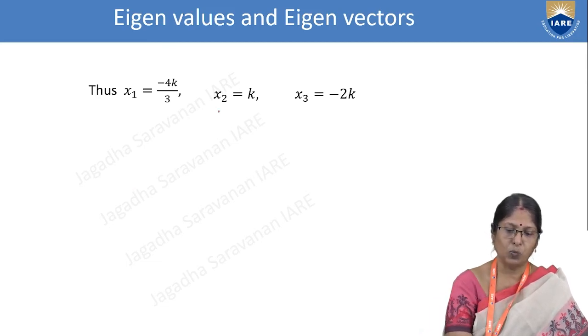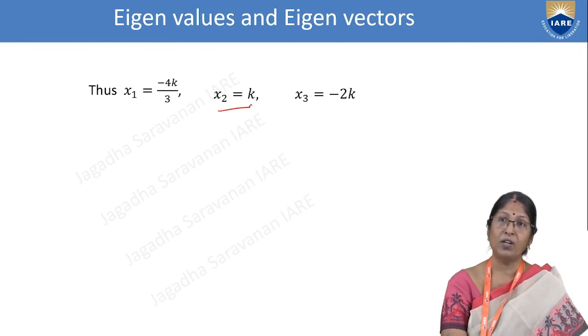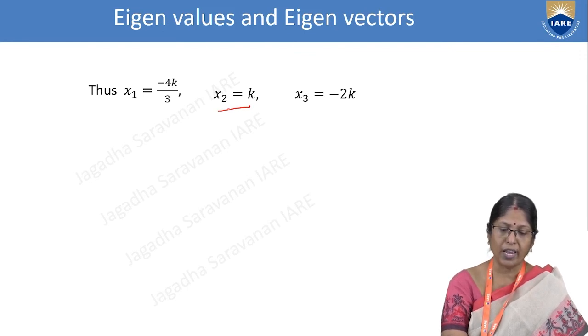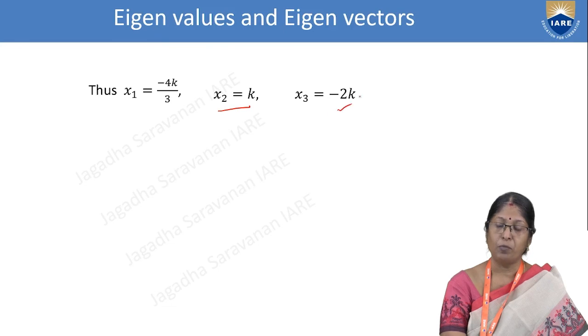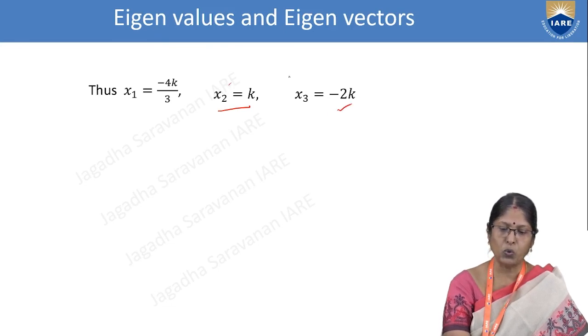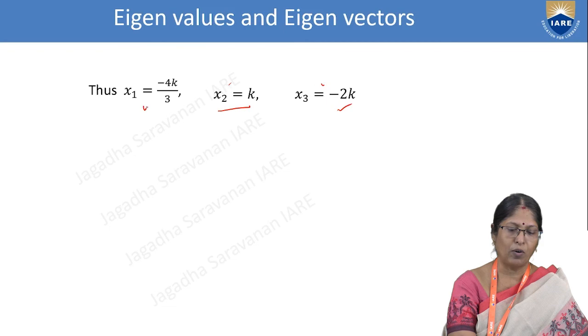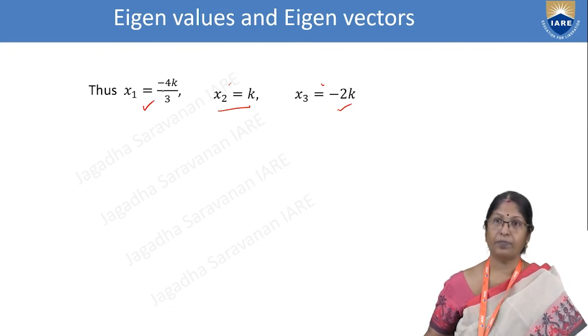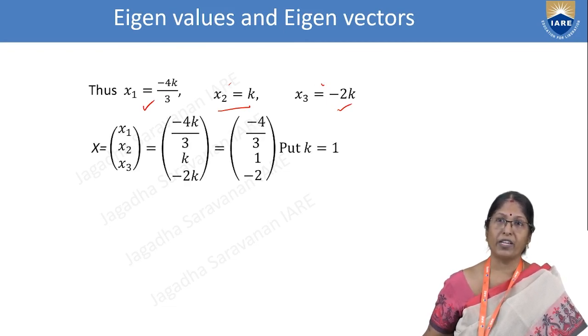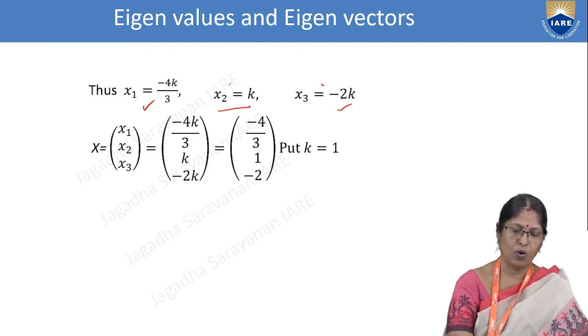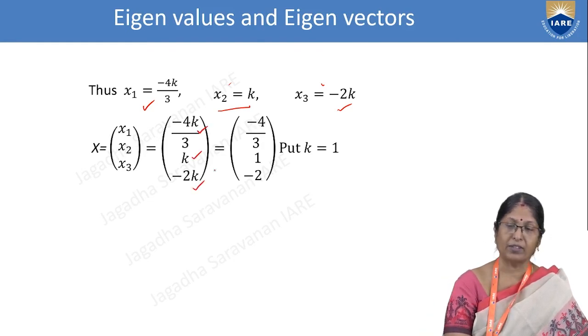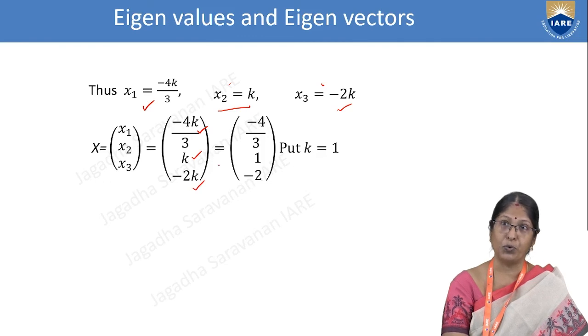So you can see x1 equal to minus 4k by 3, x2 equal to k, x3 equal to minus 2k. In this one, we have taken the arbitrary constant, with this help we got x3 as minus 2k, and with these two we have got x1. So x equal to (x1, x2, x3), all the values we substituted: x1 is minus 4k by 3, x2 is k, x3 is minus 2k.